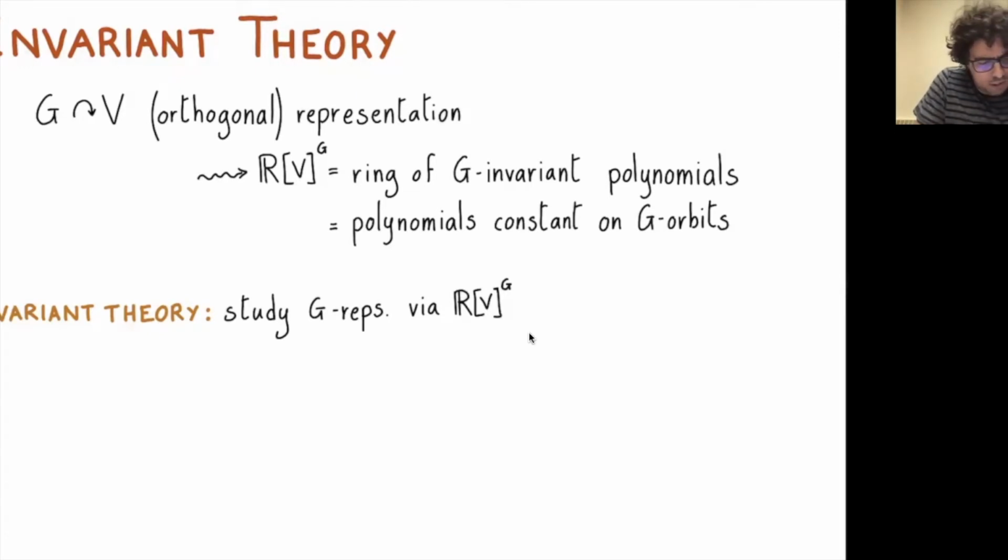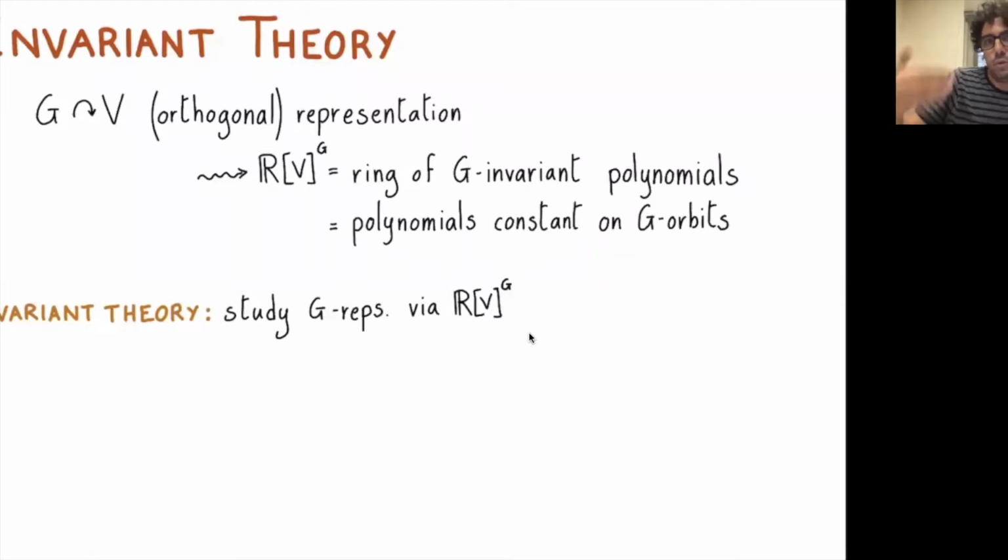So the invariant theory is the following. I'm looking at a representation of a compact group by isometries. So it's a Euclidean space, and G acts by linear isometries. Given this representation, we can associate a ring, the ring of those polynomials that stay invariant under the group action.